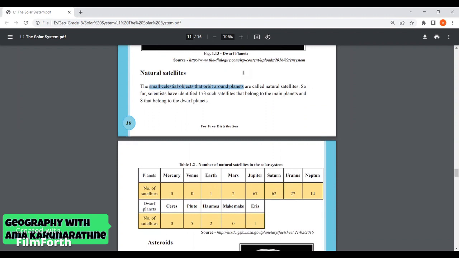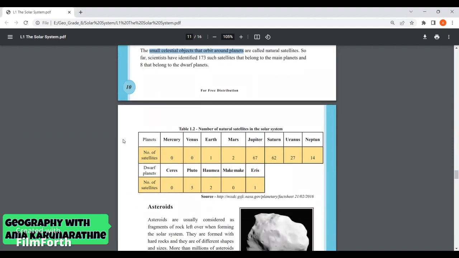So far, scientists have identified 173 natural satellites which belong to the main planets and 8 that belong to the dwarf planets. Mercury has no natural satellites, Venus 0, Earth 1, Mars 2, Jupiter 6 or 7, and so on. And for the dwarf planets, Ceres has 0, Pluto 5, Haumea 2, Makemake 0, Eris 1.